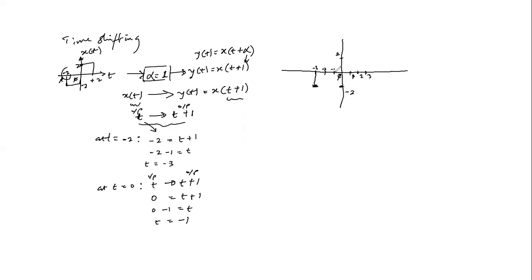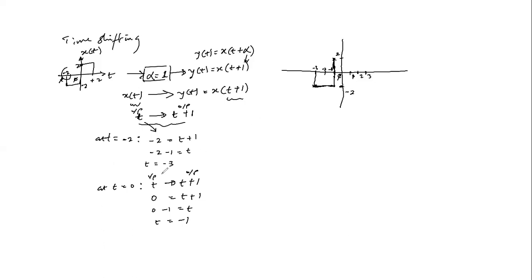So at the output, the amplitude is +2 at t equal to -1. See that? This is what we get. Okay.